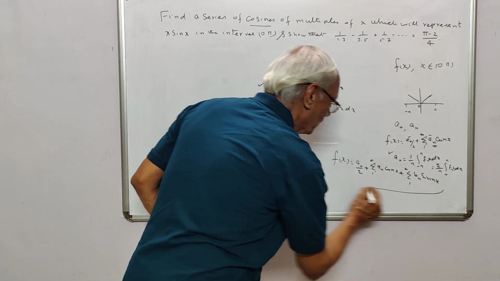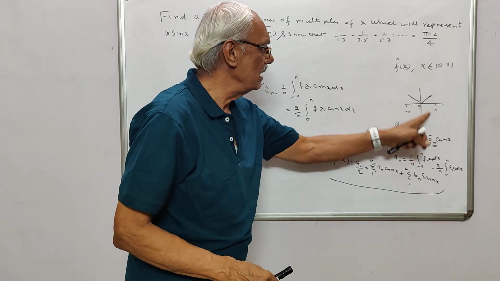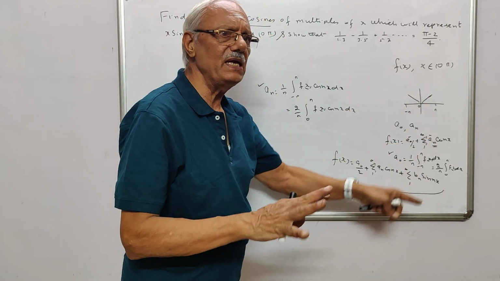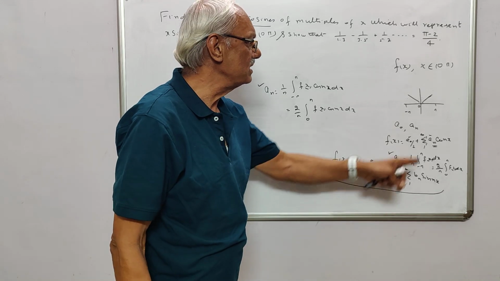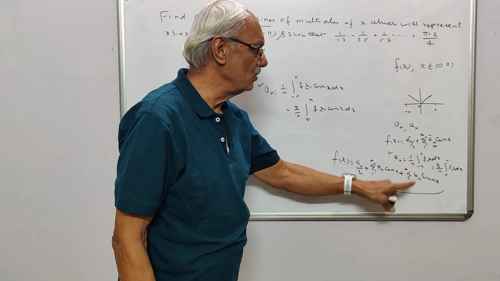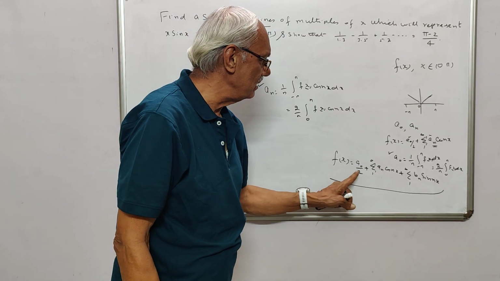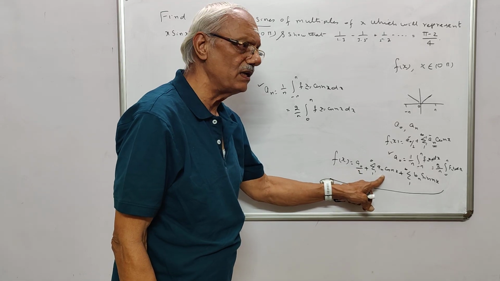So this is your Fourier series. But if you are asked to find the function f of x only in terms of sine, then you extend it over minus pi to 0 and get the value of bn only, and a0 and an need not be found.